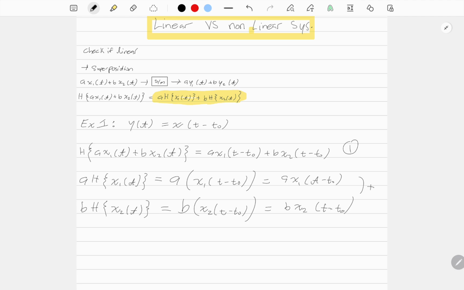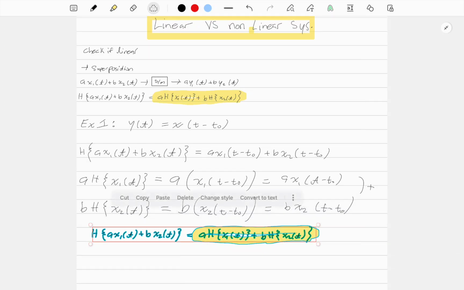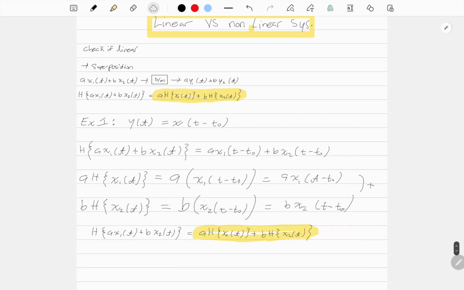Let's call this equation 1. I'll just write it out. So we have this formula, and we applied the left hand side and the right hand side.